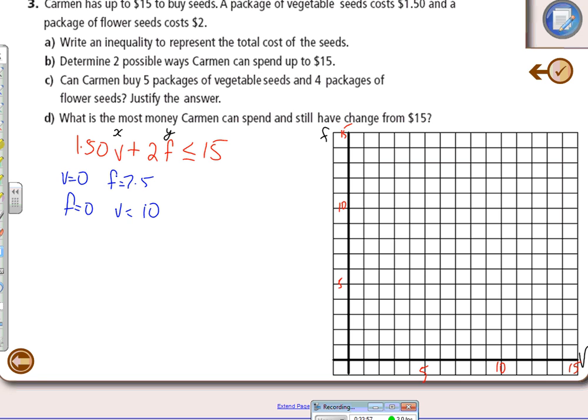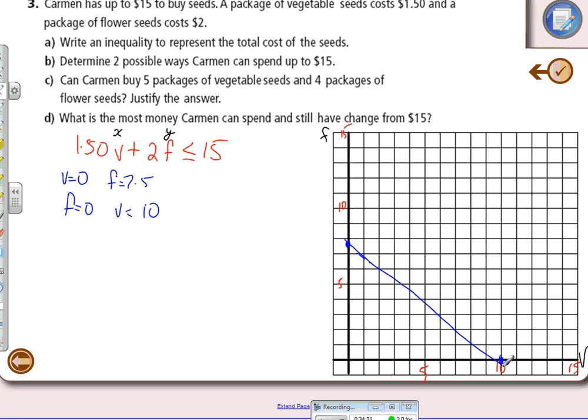And then we just plot those 2 points, a v of 0 and an f of 7.5, and then an f of 0 and a v of 10. Right there.